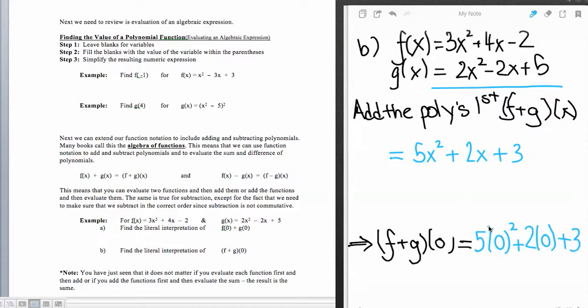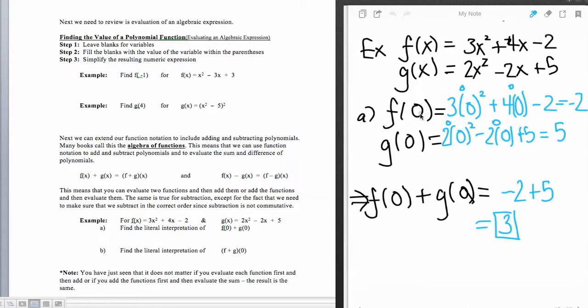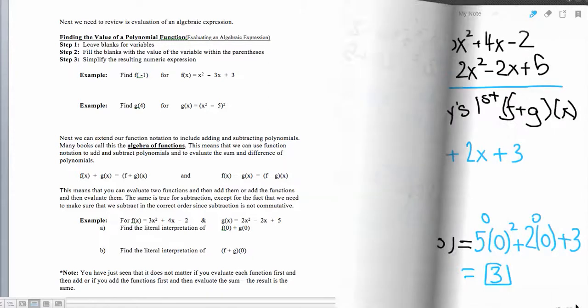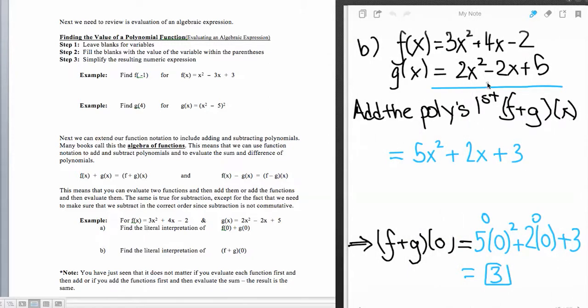And 0 squared is 0, 0 times 5 is 0, 2 times 0 is 0, 0 plus 0 plus 3 is equal to 3. And what you see is that it didn't matter if we evaluated each of the functions at 0 and then added them together, or if we added the two functions together and then evaluated them at 0, we got the exact same value.